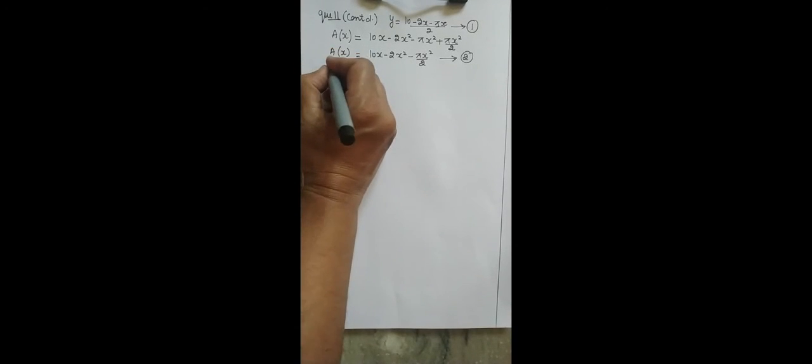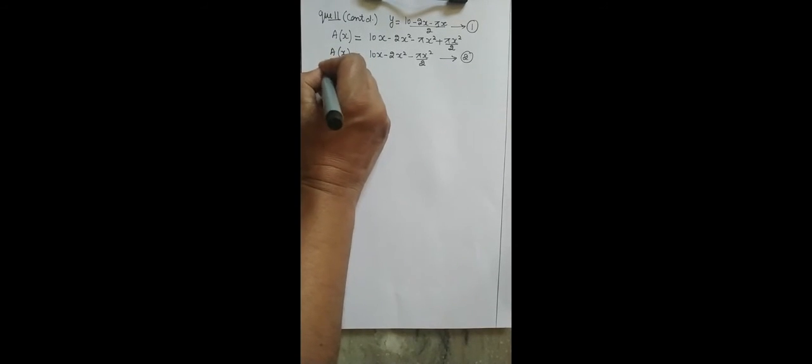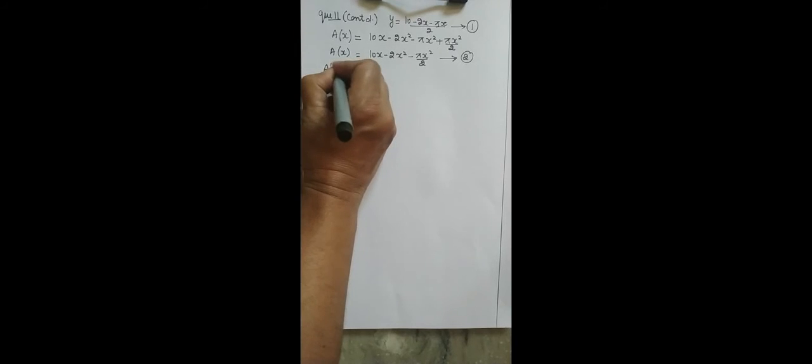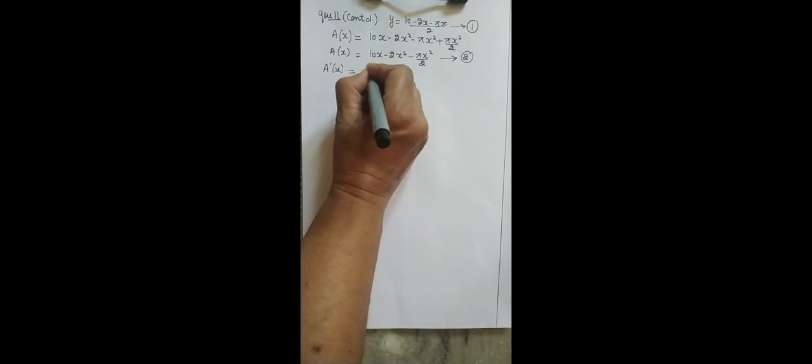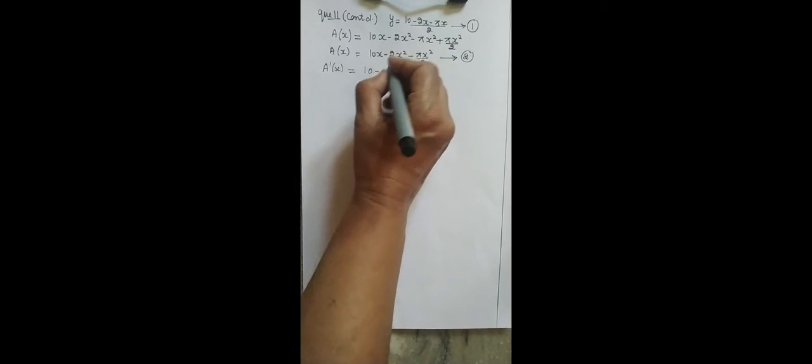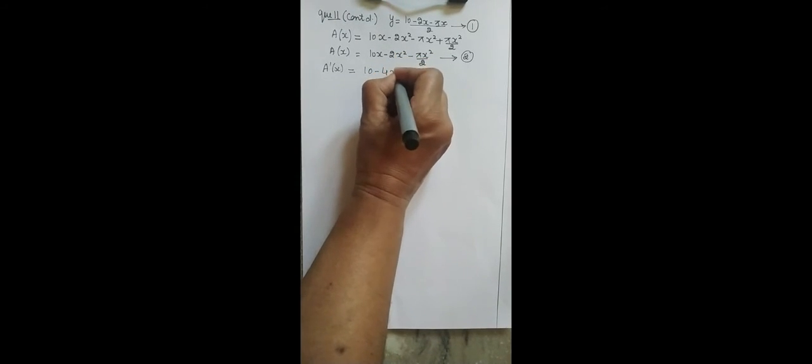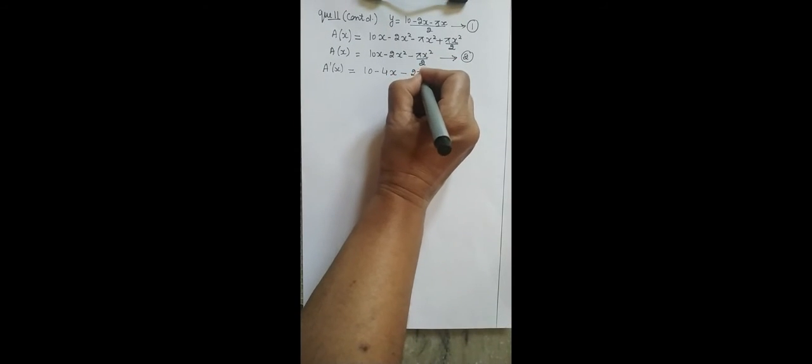Now for finding the maximum area of the window, I will differentiate equation number 2 with respect to x. So A dash x will now be equal to, derivative of 10x is 10, derivative of minus 2x square is minus 4x, minus twice pi x upon 2.